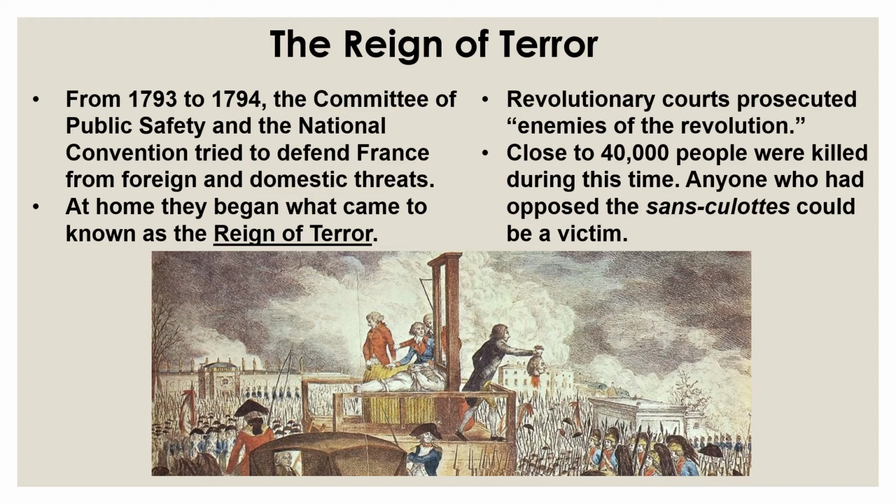These were people that had originally supported the French Revolution in the early phases when they were trying to form a constitutional monarchy. These were not people that were nobles and clergy. Most of them had left France smartly by this point. These were regular common folk mostly. Anyone who had opposed sans-culotte and the radical nature of those living in Paris could be a victim. So a lot of the peasants from the countryside ultimately ended up falling prey to the Reign of Terror because they didn't like some of these radical ideas.